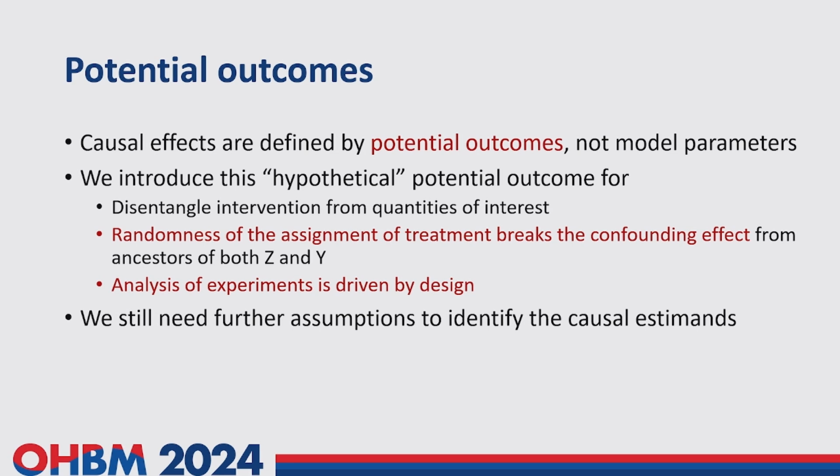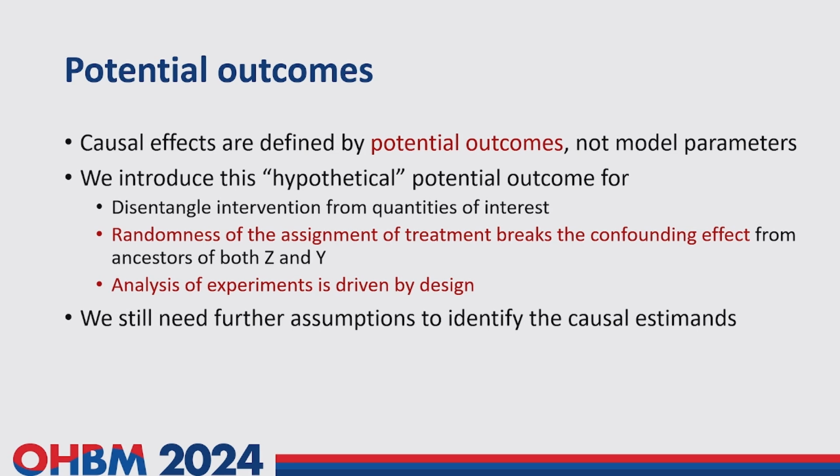Randomness is important because if you randomize the treatment, for example in RCT studies, you give the treatment randomly, which means you break the connections between any covariates and treatment. This allows you to interpret the effect between Z and Y as the causal effect, not confounded by anything. So this is why randomness is important.